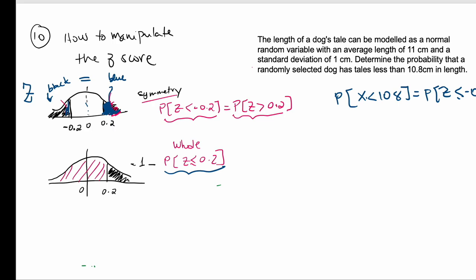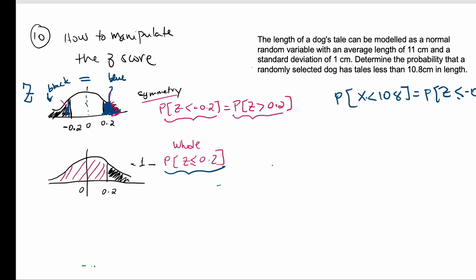So this tail is equal to this tail here, like this black area is equal to the blue area. So this is a symmetry property. And you could work that saying, oh, the probability of z being less than minus 0.2 is equal to the probability of z being greater than 0.2.